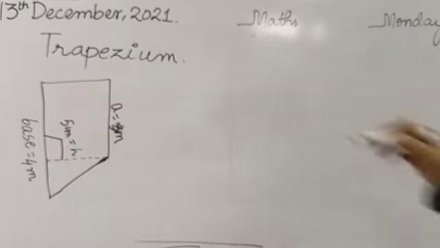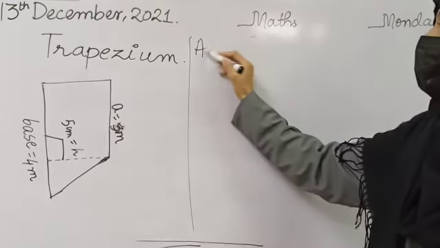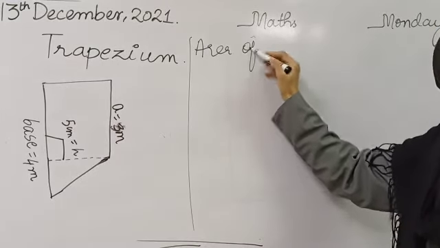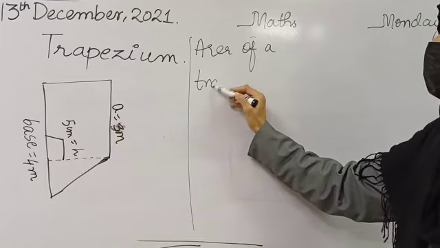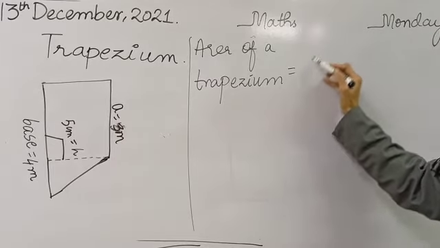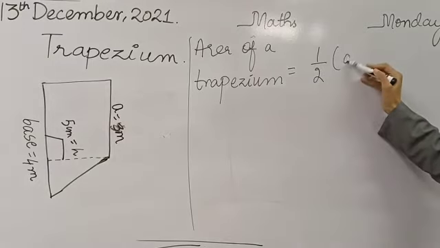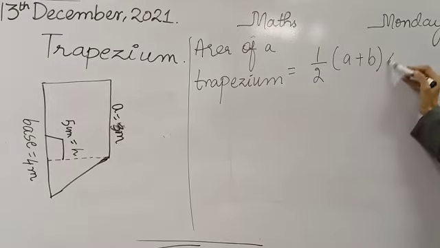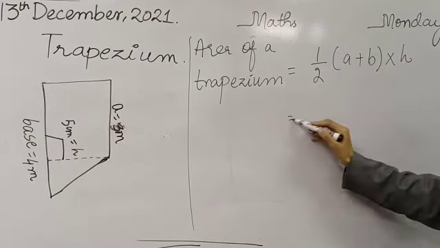Now find the area of the trapezium. First of all, write the formula. What is the formula for the area of a trapezium? Half the sum of parallel sides multiplied by height.